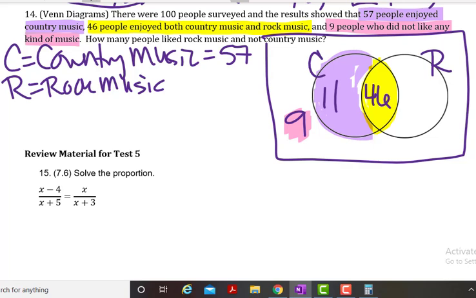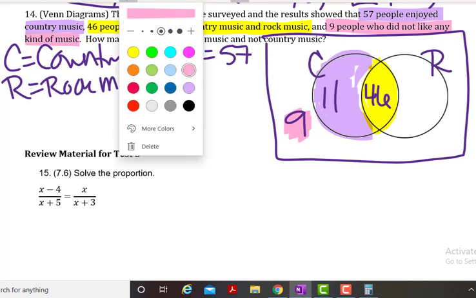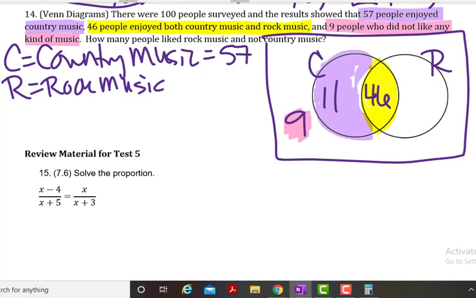What remains is the question we are trying to answer. How many people like rock music but not country music? That's our question right here. Well, there's 100 people total.